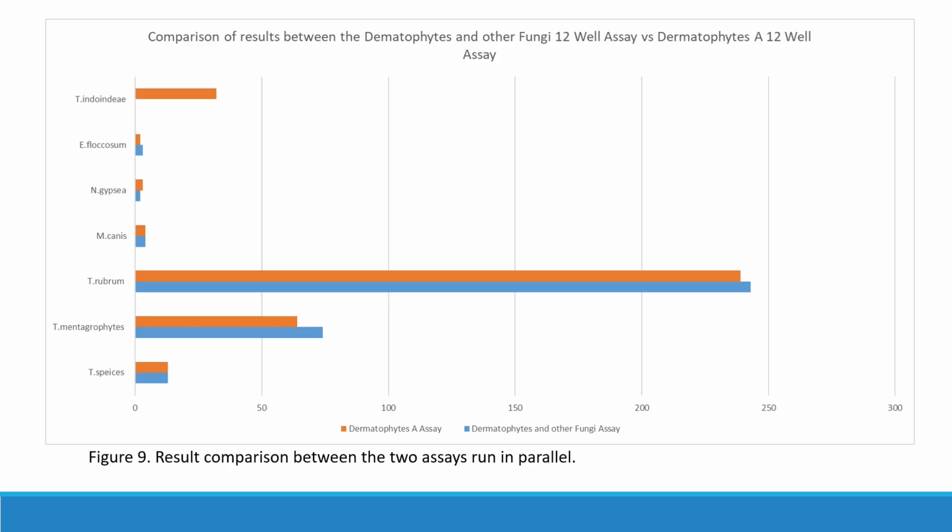A couple of those Trichophyton mentagrophytes, however, along with some Trichophyton rubrums and one Epidermophyton floccosum, had their gene targets drop off in the new Dermatophytes A 12-well assay. We're hypothesizing that this may have occurred due to the freeze-thaw process that we undertook, as this was generally seen in some of the older samples that had been frozen and run in the earlier parts of the validation, as we didn't see any of this with the fresh samples towards the end of the validation.